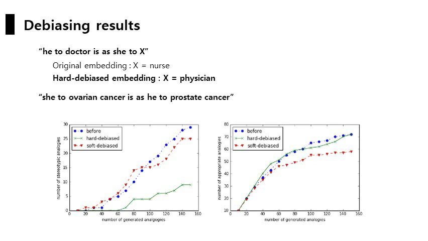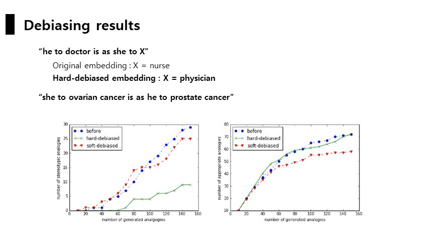Moreover, the hard debiasing algorithm preserved gender-appropriate analogies such as she is to ovarian cancer as he is to prostate cancer. This demonstrates that the hard debiasing has effectively reduced the gender stereotypes in the word embedding.